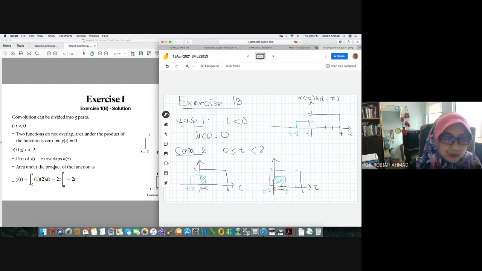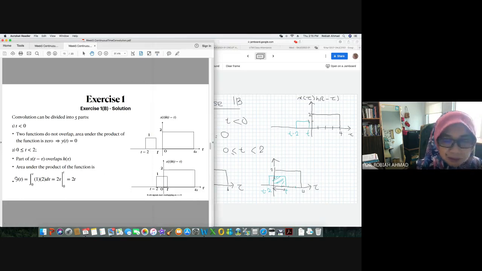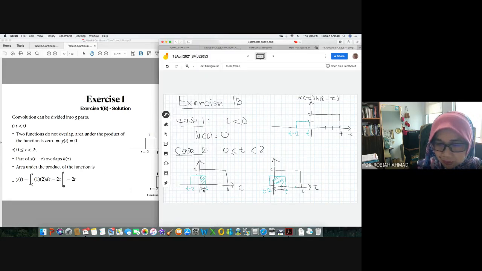Okay, so how to calculate the y(t)? Okay, so look at these notes. y(t) from 0 to t, sebab kita nak cari overlapping, will be, overlapping ni adalah this blue one times the black one. So the blue one is 1, the black one is 2, d tau. So bila kita integrate 2 d tau for 0 to t, kenapa 0 to t?